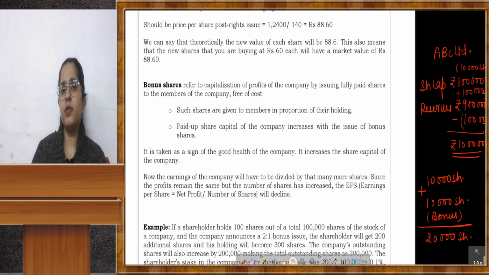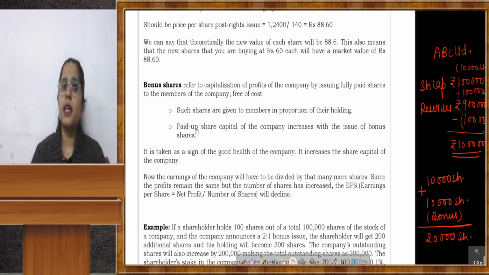Okay, so the difference between right issue and bonus issue is that right issue is given by charging a certain amount, but bonus shares are issued free of cost. Next, such shares are given to members in proportion of their holding. So in this case, what was the proportion? 1 is to 1. Whatever shares were held by shareholders, the same number of shares they received as bonus.